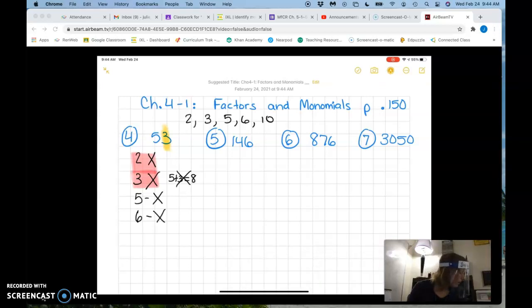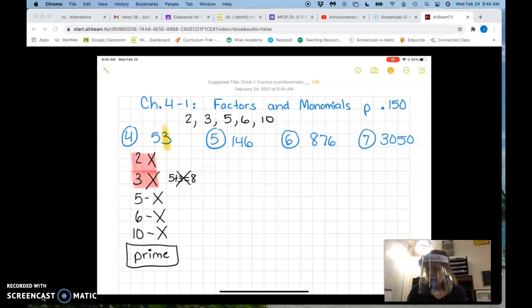And is it divisible by 10? Does it end in 0? Okay, so this number is prime. It is not divisible by any numbers. Prime means you can only multiply 1 and 53 to get that number.